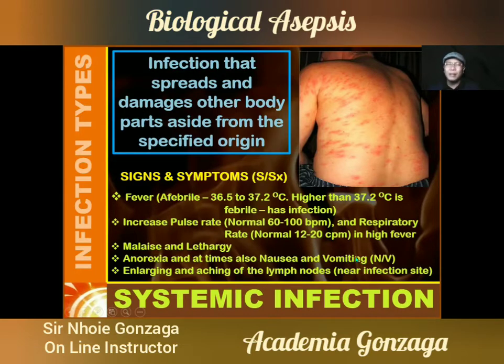Okay, that is vomiting. The feeling that you want to vomit or are almost vomiting, you call that nausea. Vomiting is when something already comes out of your mouth. Enlarging and aching of the lymph nodes, you call that pangadlay in the dialect. Okay, when that enlarges, you can feel that, and when that is painful, that is already a sign of systemic infection.